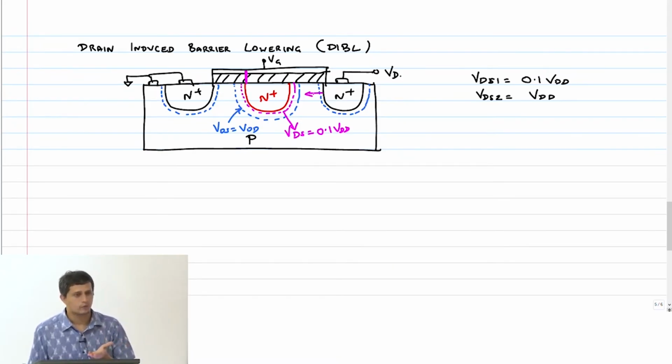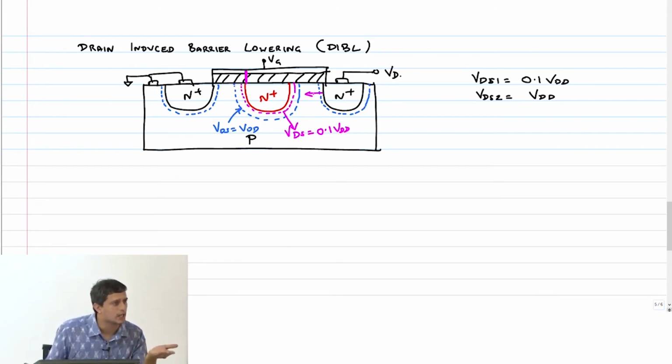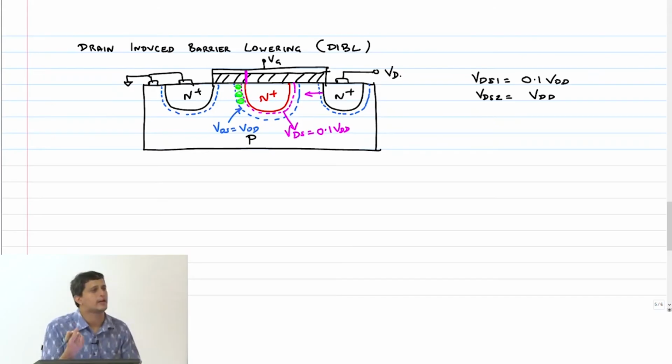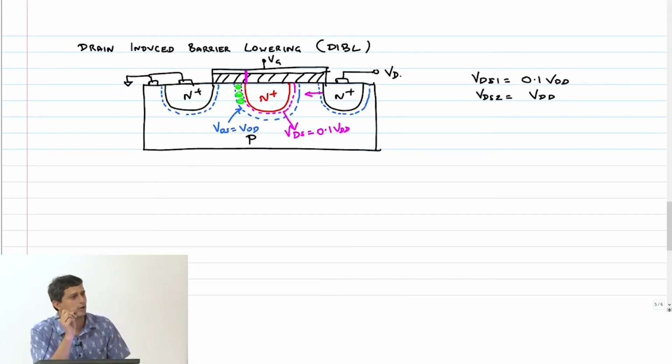Now, because the depletion region has gone far into the channel, I have been able to generate some depleted charge carriers here already, which means part of the channel has already got depleted because of the drain voltage that I have applied. The gate has not yet done anything.